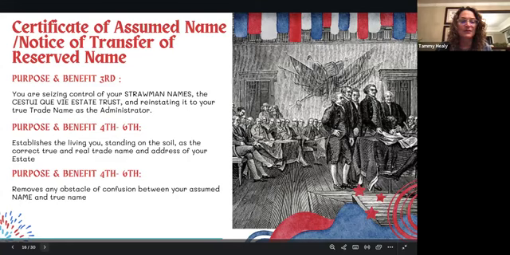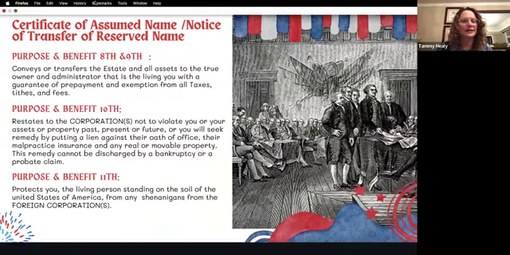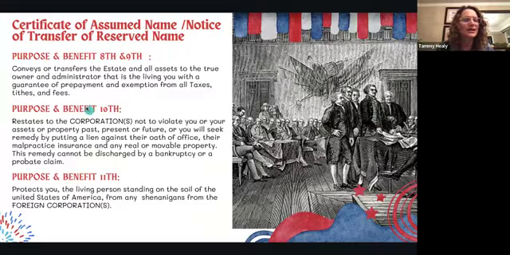The purpose and benefit of the, actually, that was supposed to say, I think, 7th and 8th. It removes any obstacle of confusion between your assumed name and your true name. All right. Oh no, I guess this is the 8th and 9th paragraph.